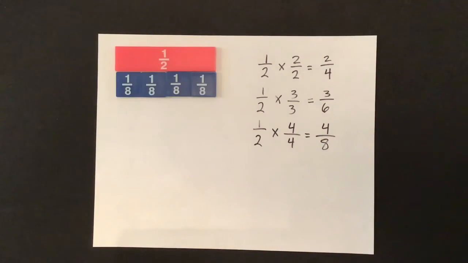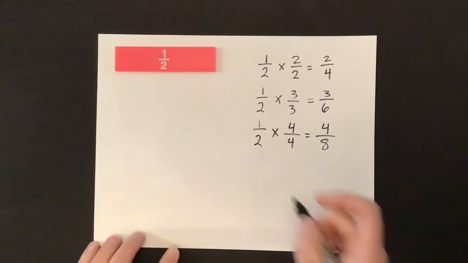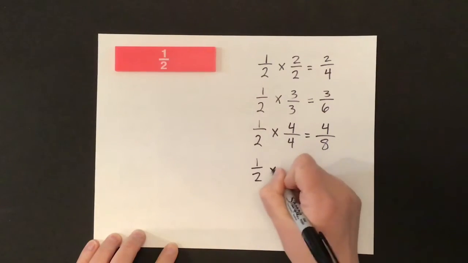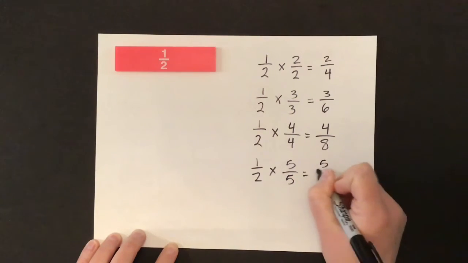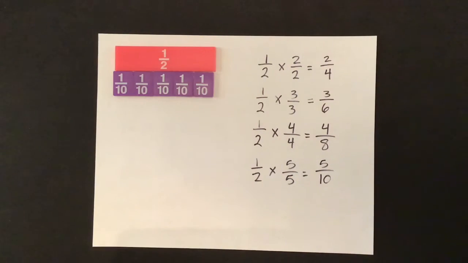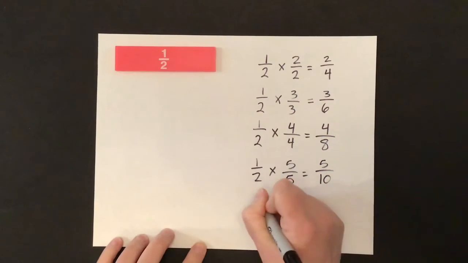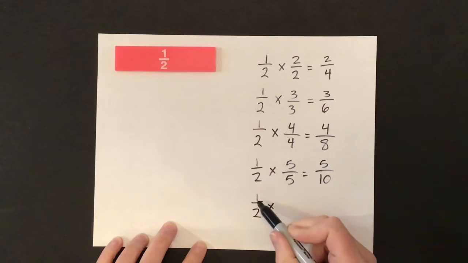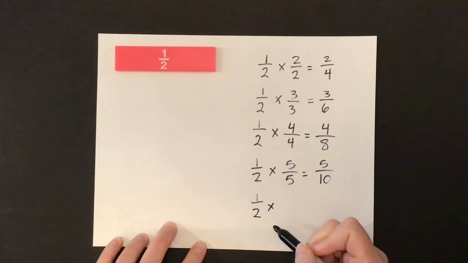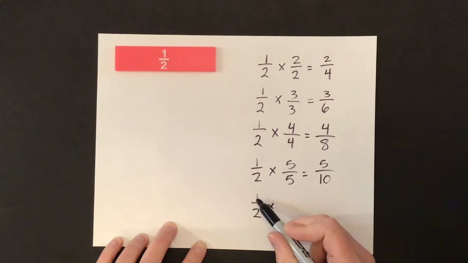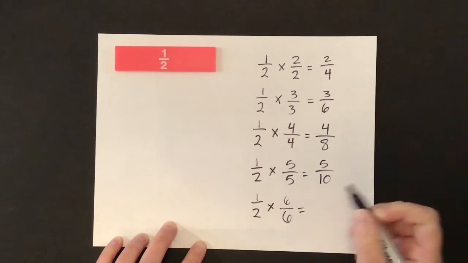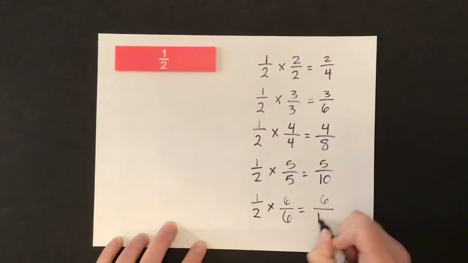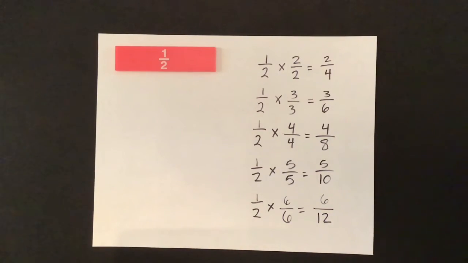We have 4/8. I could take 1/2 and multiply it by 5/5. 5/10 is equivalent to 1/2. I could find another equivalent fraction by multiplying 1/2 by 6/6, and that gives me 6/12.